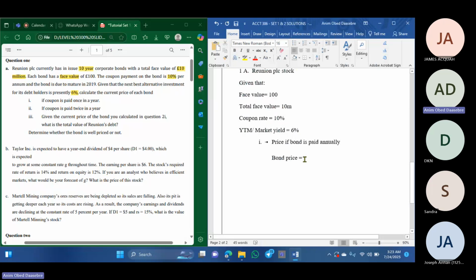So it is the present value of the coupon plus the present value of the par.